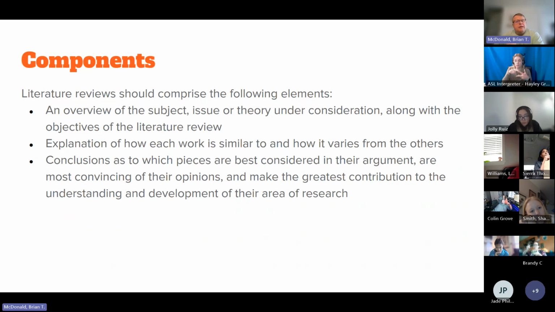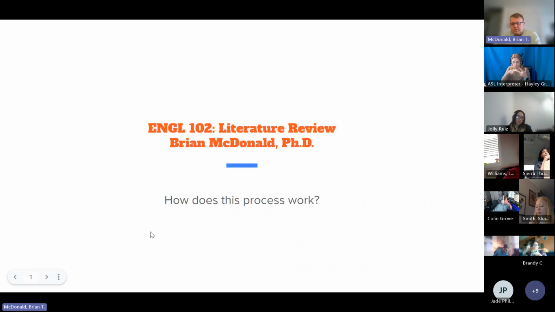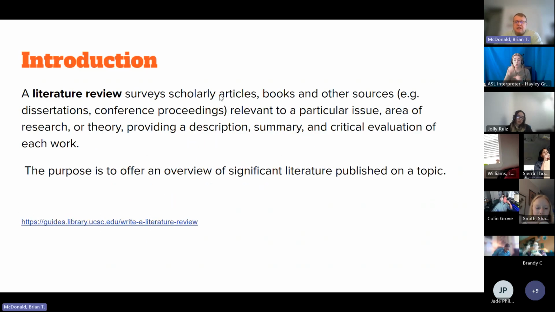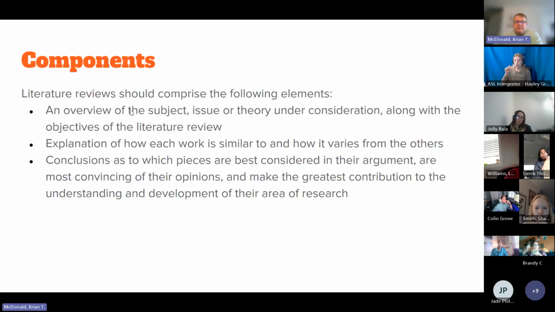But what you're doing, going back to the beginning, is a survey of scholarly work that gives an overview and an explanation and draws conclusions. Look at the third point: draws conclusions as to which pieces are best considered in their argument, most convincing of their opinion, and make the greatest contribution. That third bullet point is kind of where you need to be.